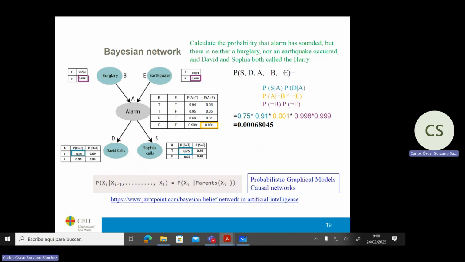You have all the numbers, and then you multiply, and the true result is 0.67, something like that. But the interesting thing is that now we don't only have a graph of relationships, but we can also associate probabilities to these events.